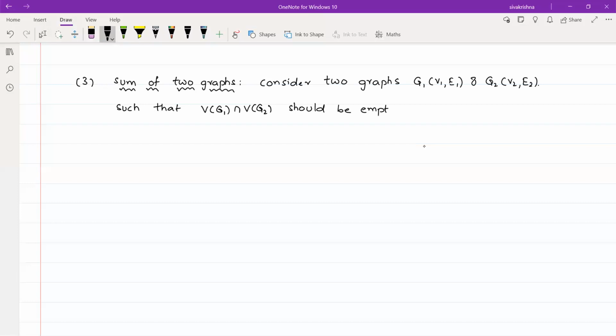It means in order to define the sum of two graphs, the first condition to be satisfied is that the intersection of the vertex sets in both graphs G1 and G2 should be empty. It means no vertices should be common in both the graphs. That is the first condition to be satisfied.